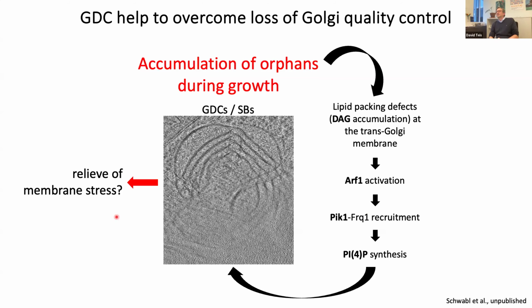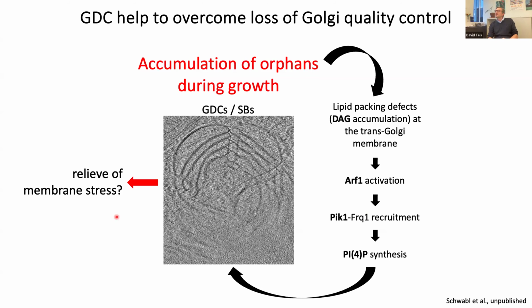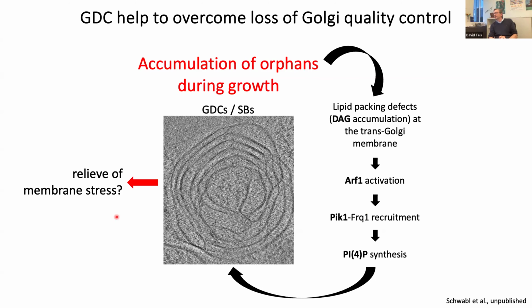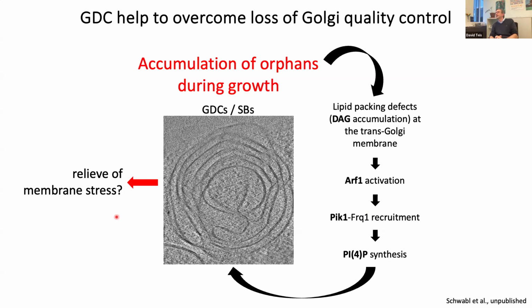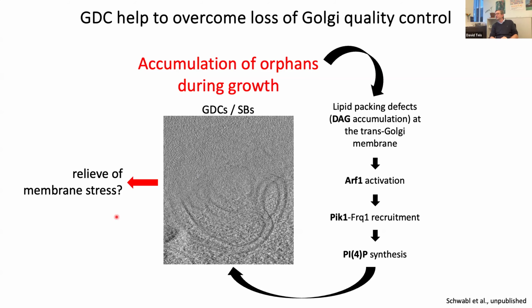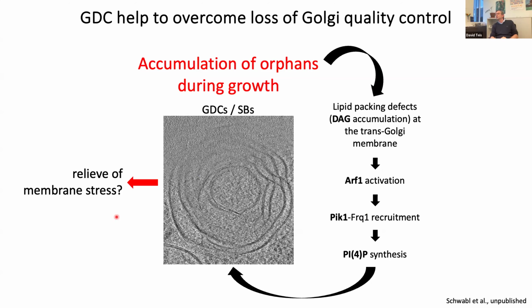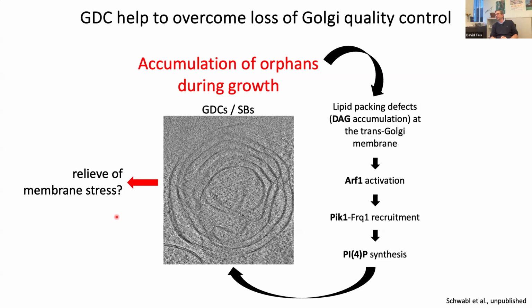So with that, I'm almost at the end of my presentation. What we believe is going on, but we don't have a final answer, so it's very much work in progress, is that we have identified a Golgi quality control network or system that prevents the accumulation of orphaned proteins during cell growth.